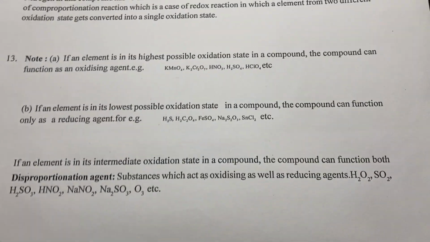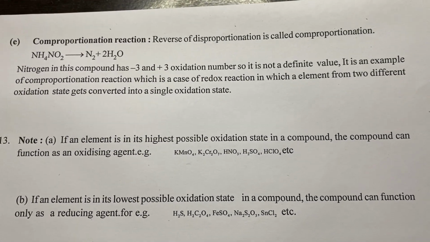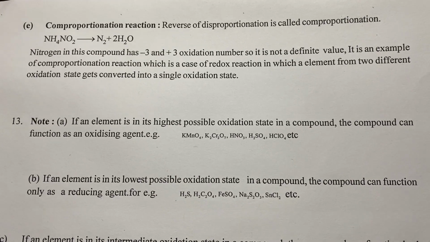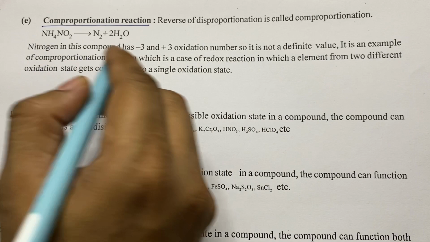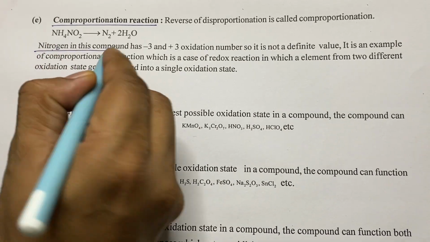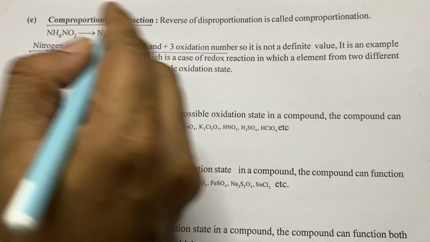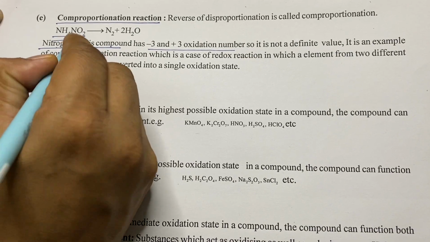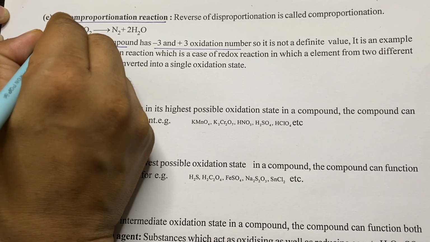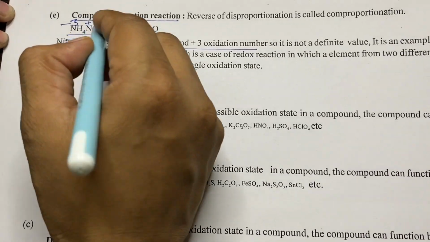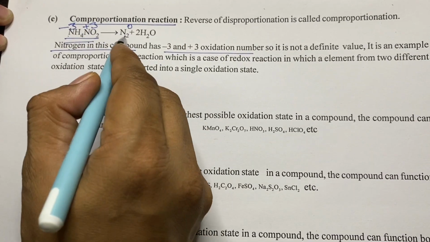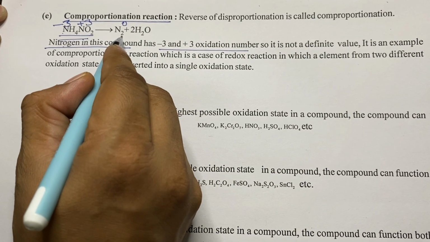Now let's take another example of the redox reaction, which is comproportionation reaction. In the comproportionation reaction, different oxidation states of an element will be present. For example, in NH4NO2, nitrogen is present in -3 and +3 oxidation state, and it is converting into 0 oxidation state in the N2 elemental form.